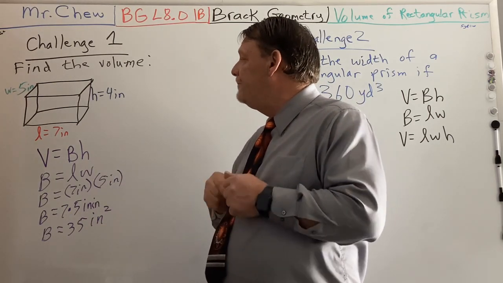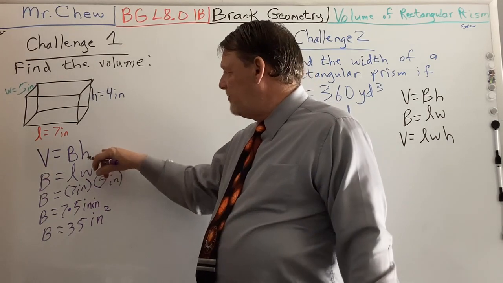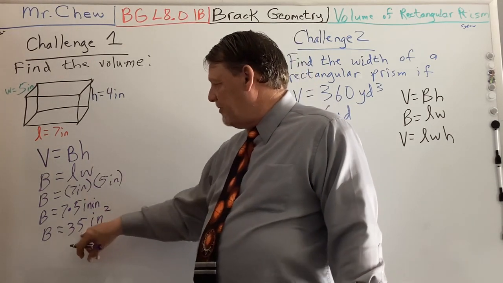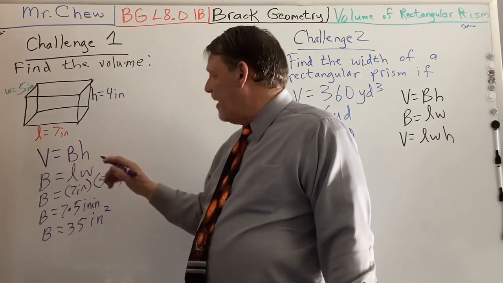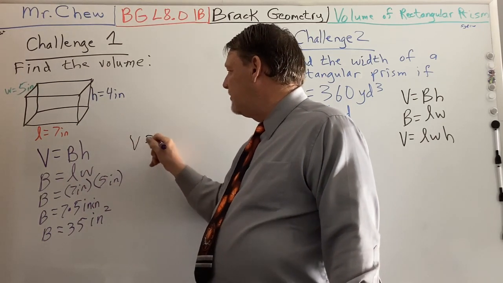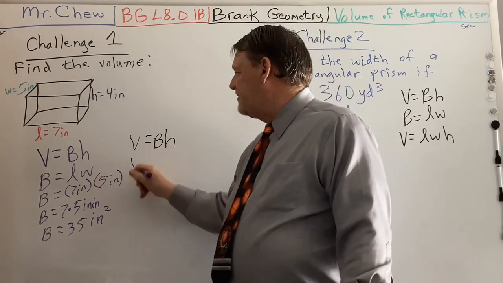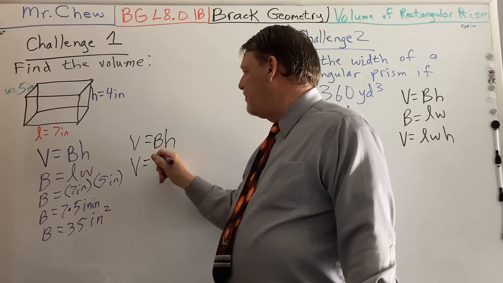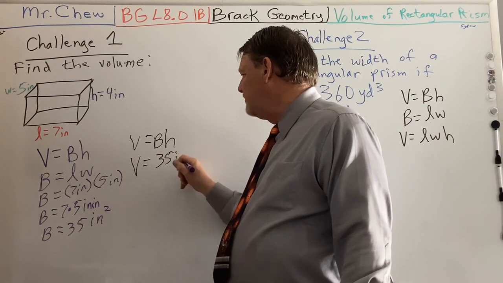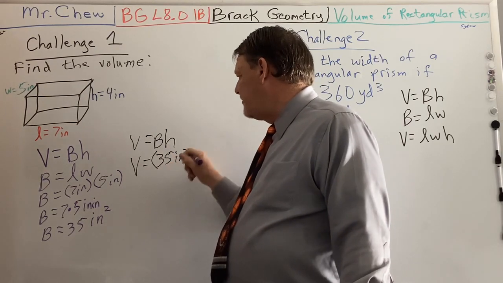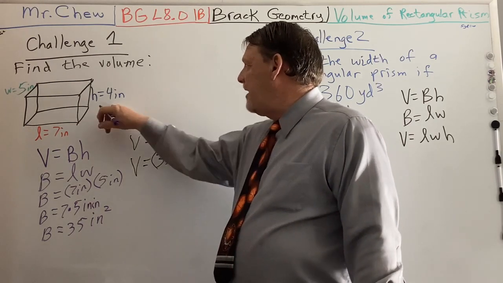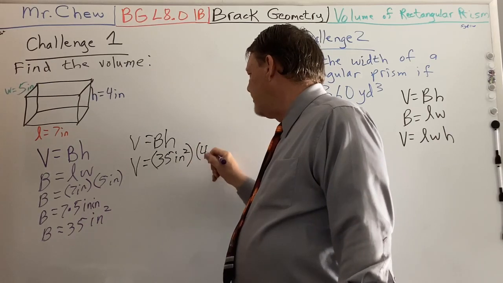Now we use this formula, substituting my 35 inches where my capital B is. So there is my formula. I substitute using the substitution property of equality what I just found there, and times the height, which happens to be 4 inches here.